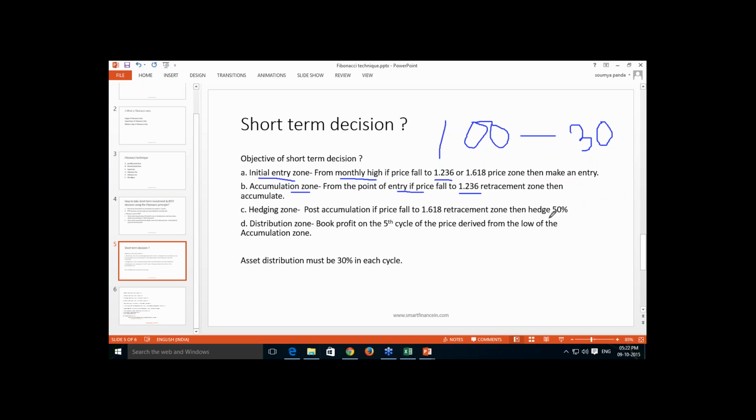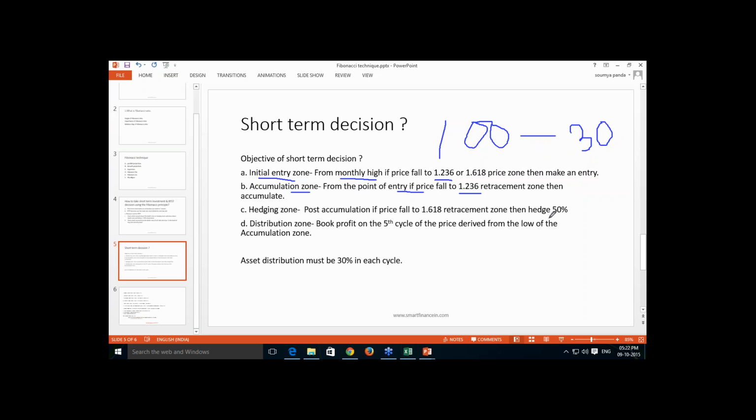This hedging is done so that if the falling trend continues for a third cycle, you can again enter and get some value, and go for another accumulation.